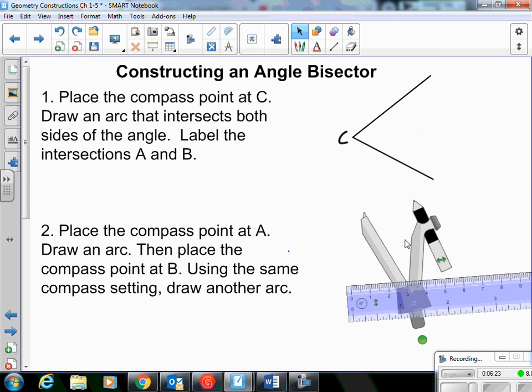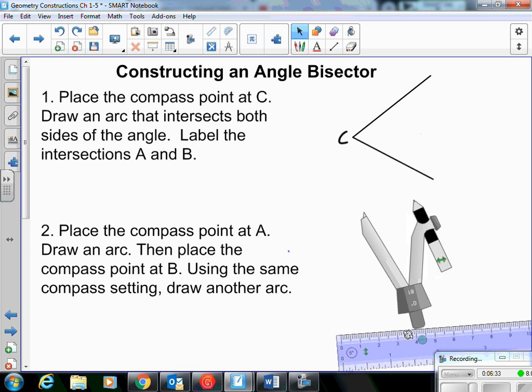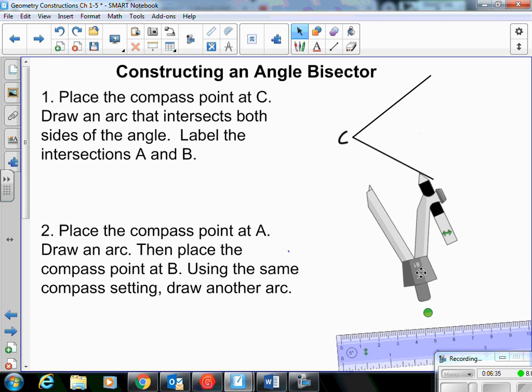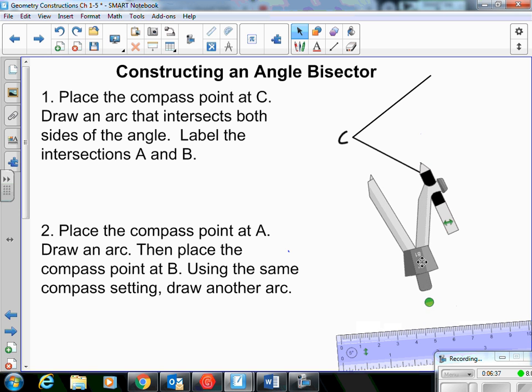Constructing an angle bisector. So angle bisector means we're splitting the angle perfectly in half. So this one's actually a little simpler than constructing a copy of the angle.